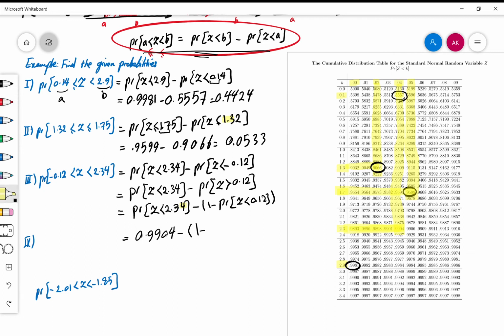So 0.12 is 0.1, it's there already, and 0.02, and then this is the number we are looking for, 0.5478. Yes, and then we'll just add or subtract these things.